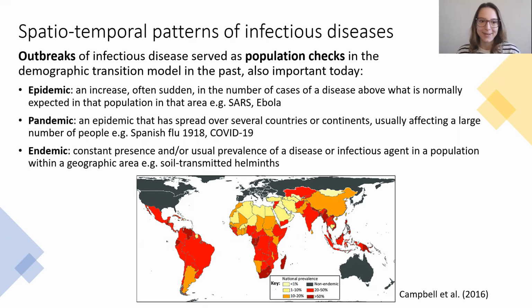Now, another way to characterize these outbreaks, and I think we've used this word a couple of times, so I hope I haven't confused anyone, is that we call something endemic when a disease is usually present, has an almost constant presence in a given population or geographic area. And so we say that it's endemic when a visitor or any population is likely to encounter it in that particular setting.